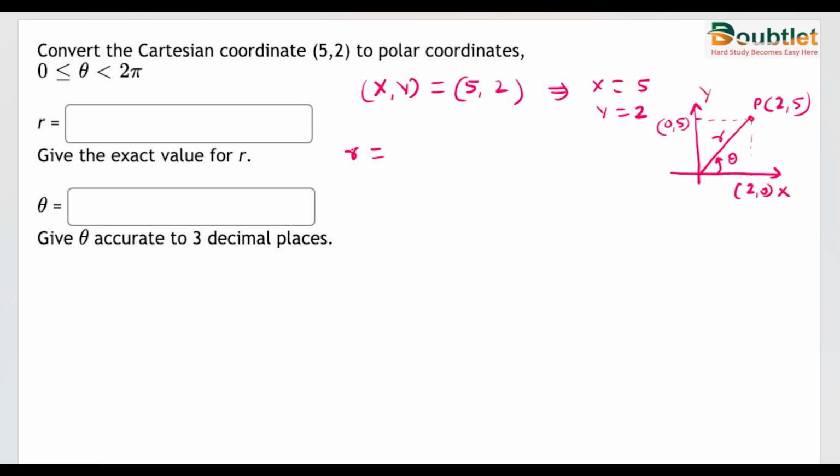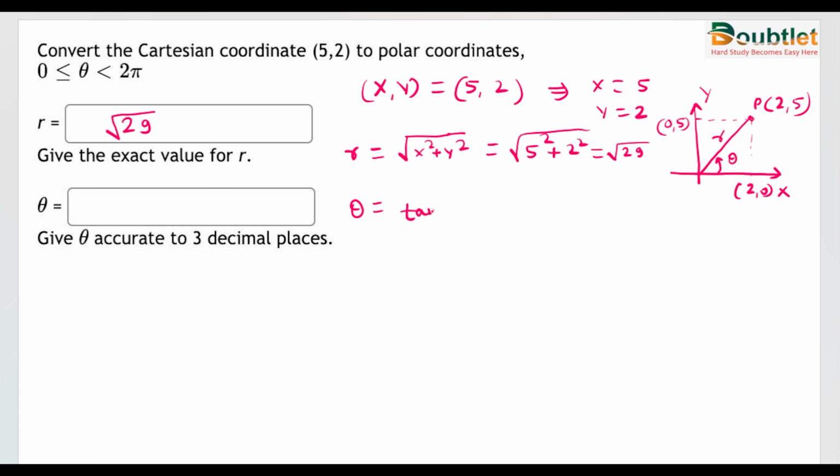In the previous concept, we learned that the value of r is under root of x square plus y square. So if we write this as 5 square plus 2 square, we get 25 plus 4, which is 29. So we can write the value of r as root of 29. Now to find the angle, since this point lies in the first quadrant, we need not worry.